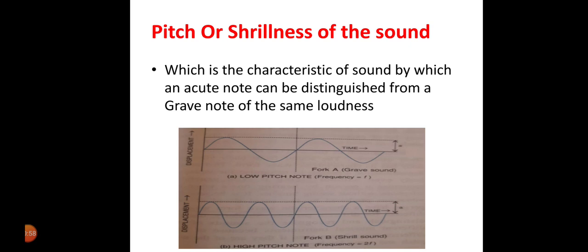Frequency of low pitch sound is less, means number of vibrations per second is less in the low pitch sound. And in high pitch sound, the frequency is more. Number of vibrations produced in 1 second is more. So the first graph represents the low pitch and the second graph will represent the high pitch.